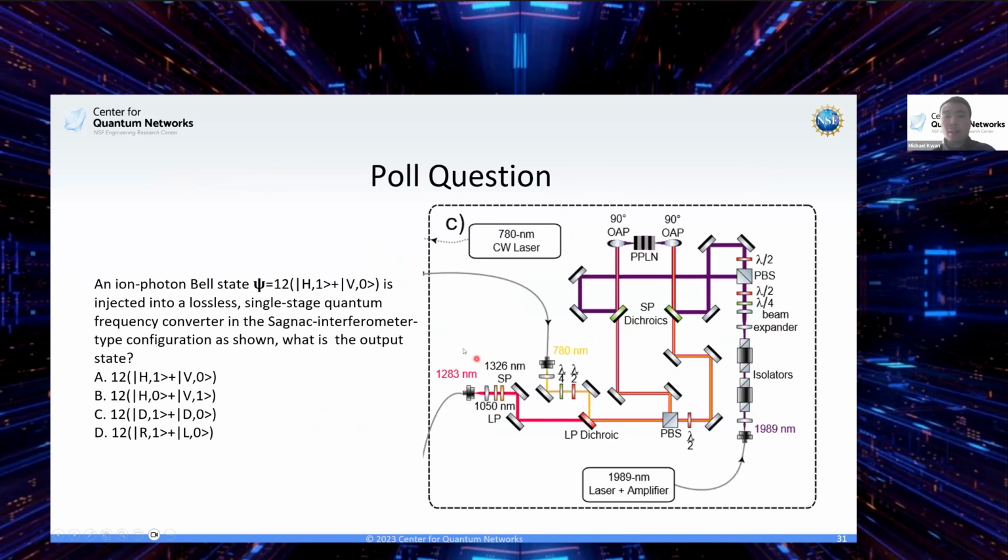So what is the Sagnac? The Sagnac interferometer setup is where you have an input and the output colors come in this same exact loop up until a beam splitter. So if you follow the 780 input here, it is incident on the beam splitter, and the H polarization portion transmits while the V reflects.